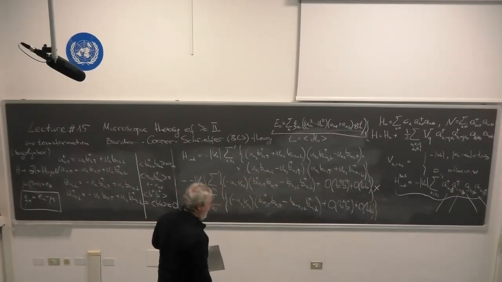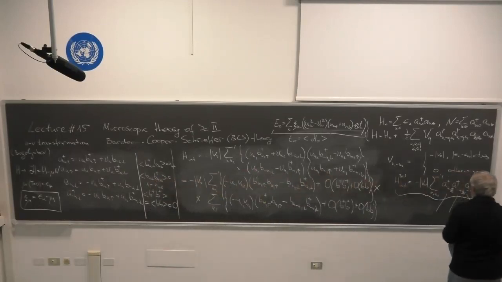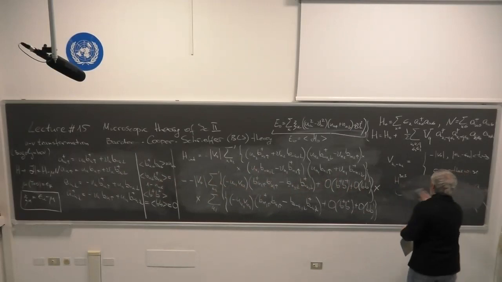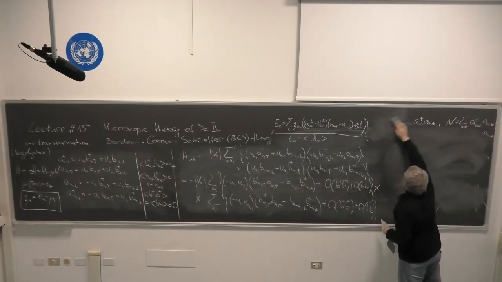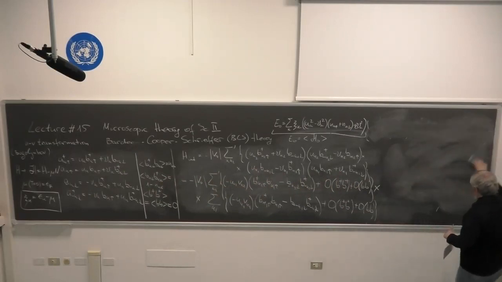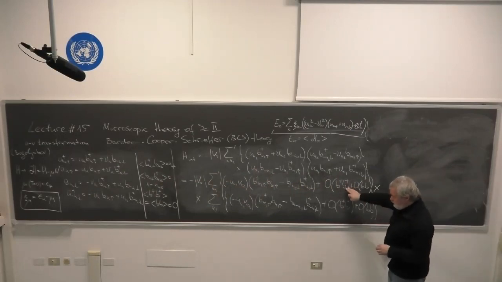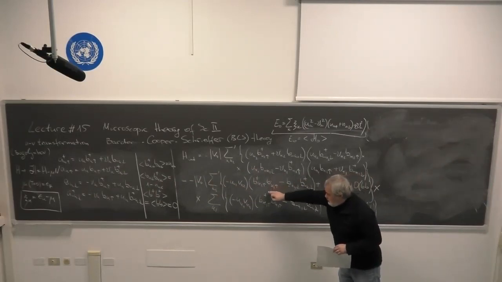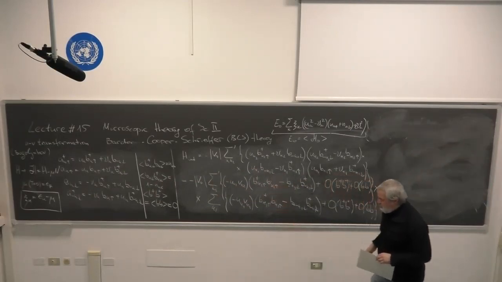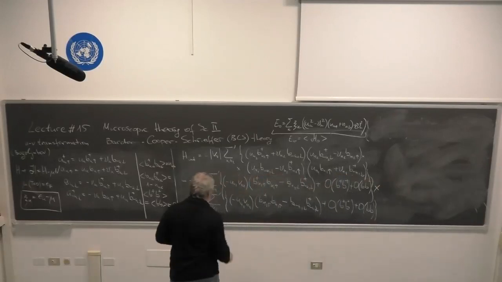So when I take averaging, now I don't need the Hamiltonian anymore. When I take averaging with respect to the ground state, these terms are gone. However, I see that the terms in the brackets, namely this one and this one, are identical. They are coming in the same sum.